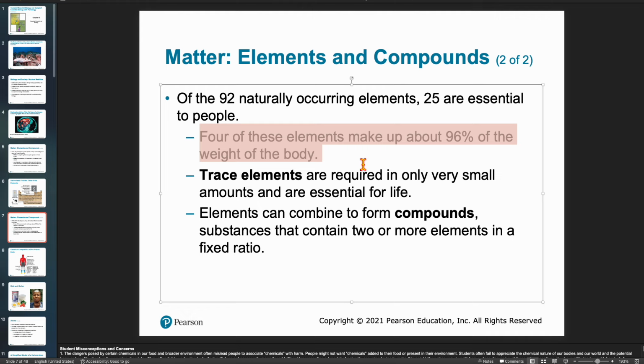So most of the animals, most of life on the planet, requires these 4 elements. So your carbohydrates, your proteins, your lipids, your fats that you take, they're all based on these four elements. Your amino acids, your DNA, they're all based upon these four. So it's carbon, hydrogen, oxygen, nitrogen.